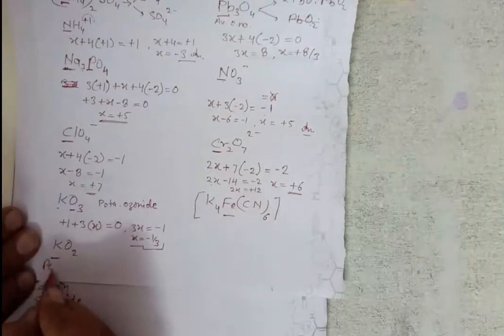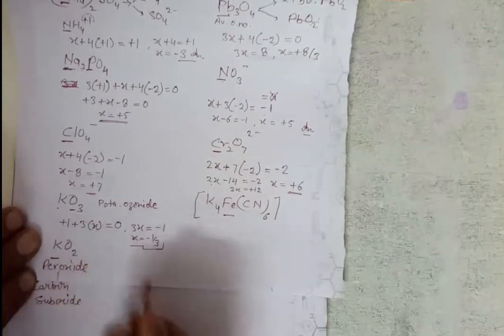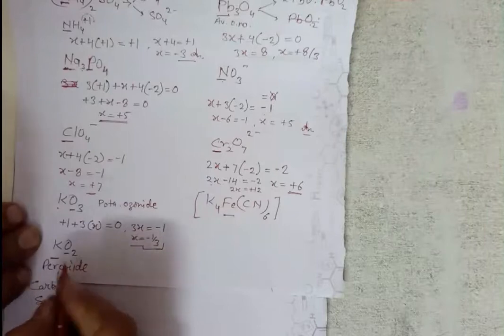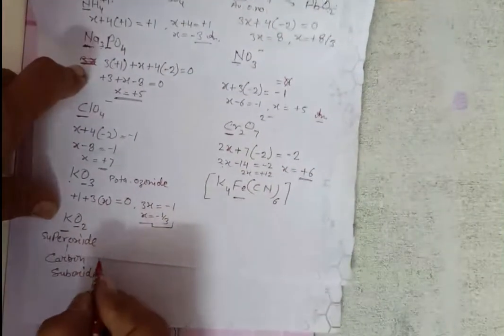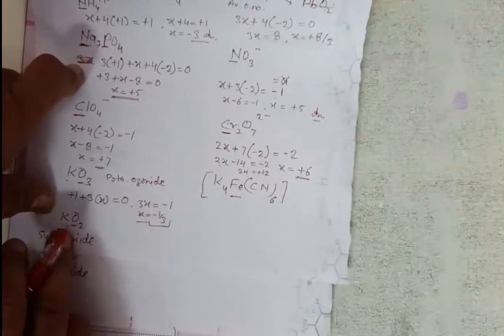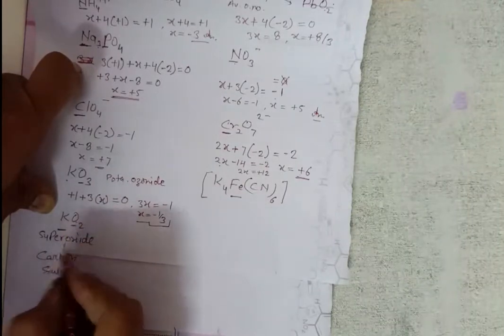This is peroxide, potassium peroxide. Okay, in case of peroxide, what is the oxidation number of oxygen? That we know already. This is not peroxide, this is superoxide. So in superoxide, we already know that oxidation number of oxygen is -1/2.